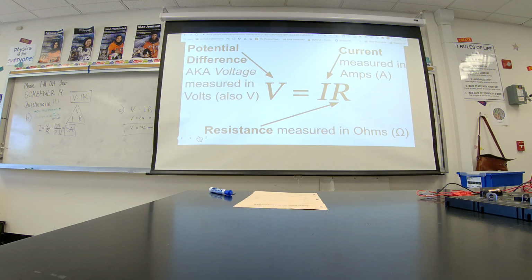Any questions on the variables? If I say potential difference, what does that mean? Voltage, okay? So just because I don't say voltage, you have to know what that potential difference means: voltage.